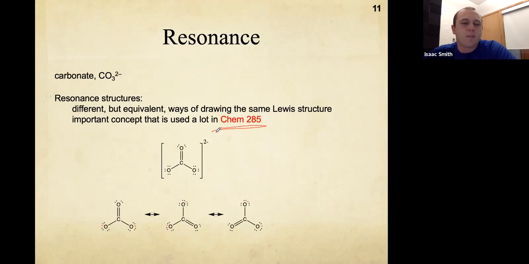Okay. All right. Or if a question says, does this molecule have resonance? Then you would draw out the Lewis structures, and if you see that there's more than one correct Lewis structure, then that molecule has resonance. Okay. All right.